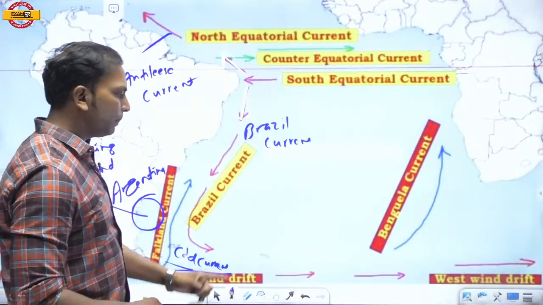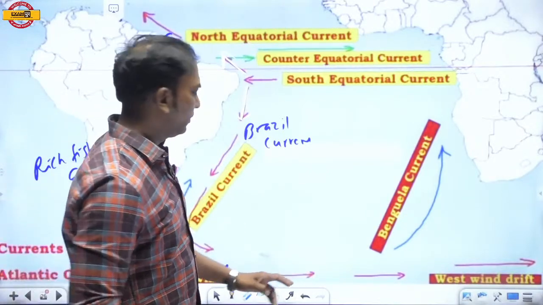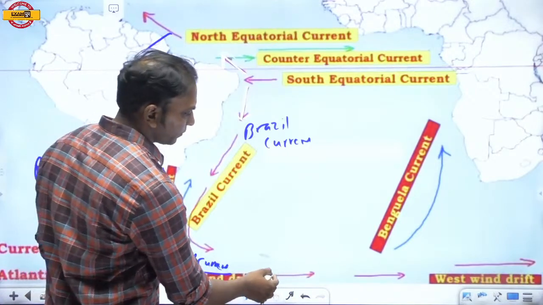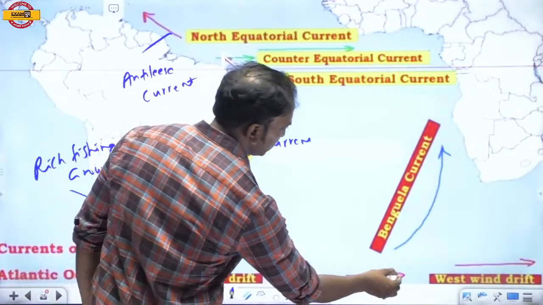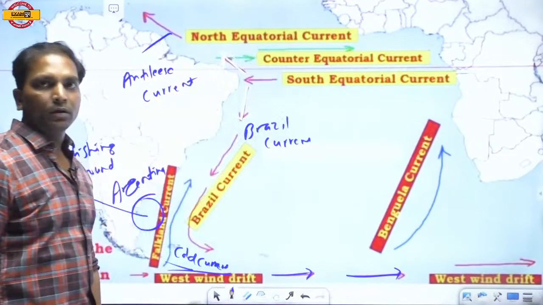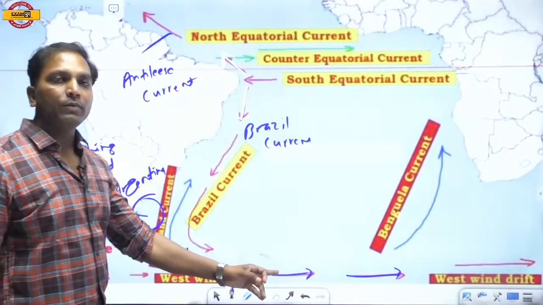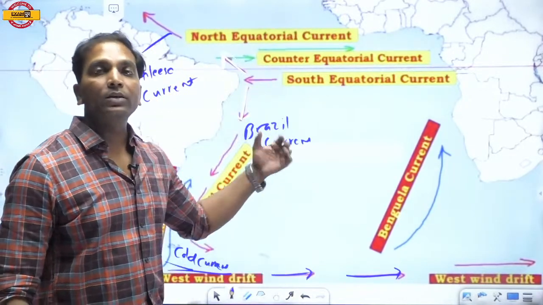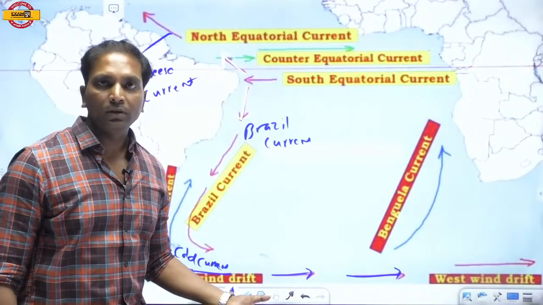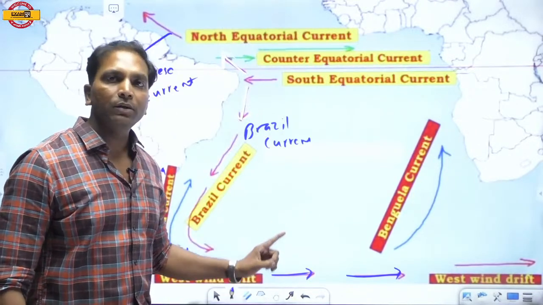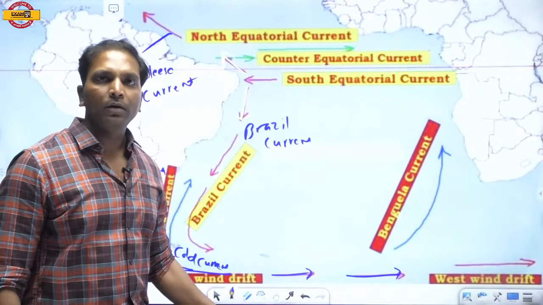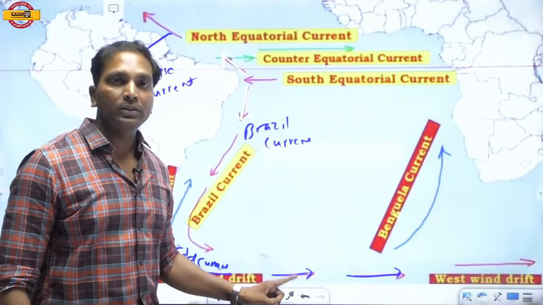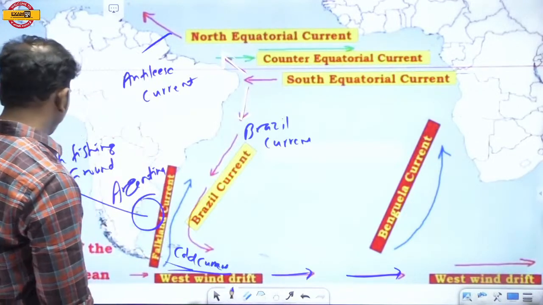And now you see, near Antarctica, there is a west wind drift. It flows because of the westerlies winds, like the North Atlantic drift was formed. The west wind drift was formed by the impact of westerlies winds.